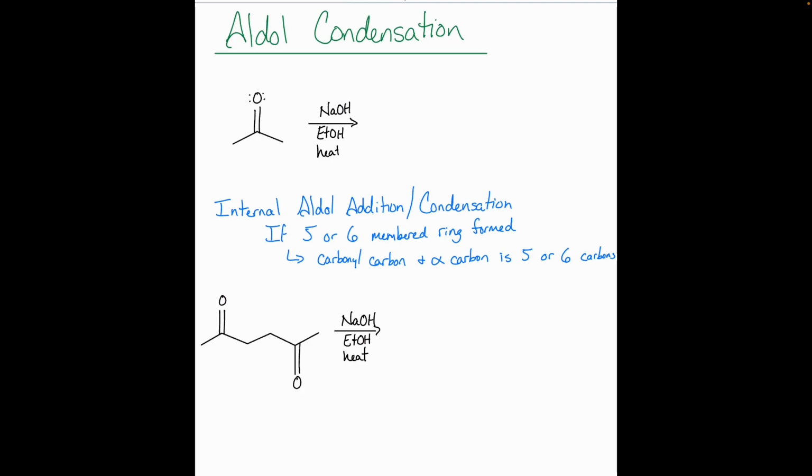We're going to have our alpha carbon react with that carbonyl carbon, all within the same molecule. That's what we would call an internal aldol addition. See if you can predict the product of these internal aldol addition condensation reactions.